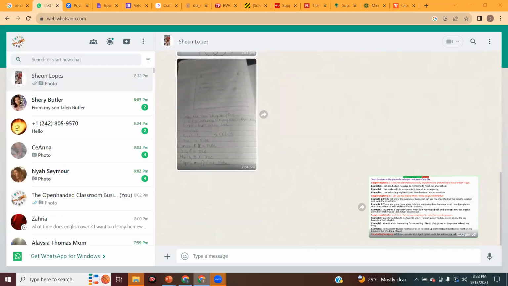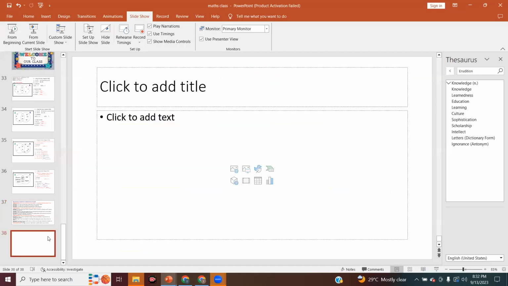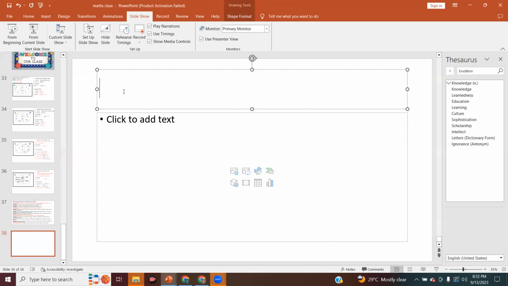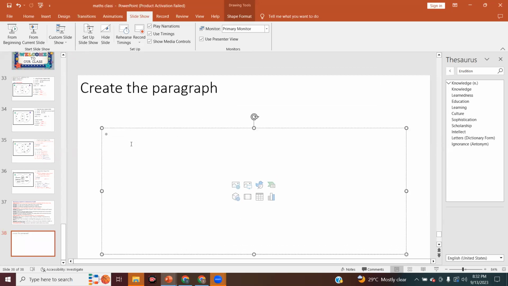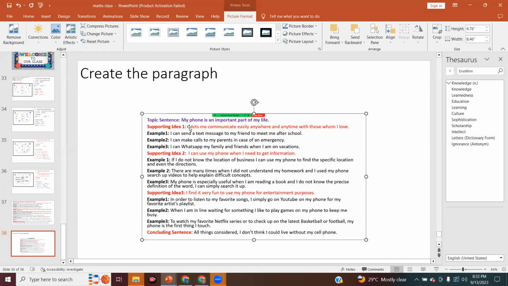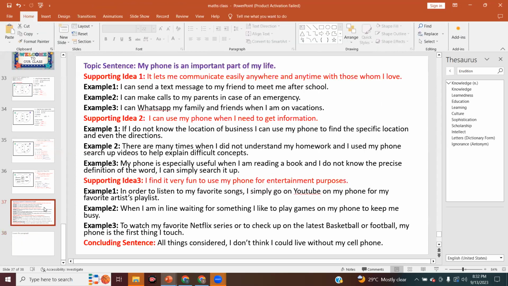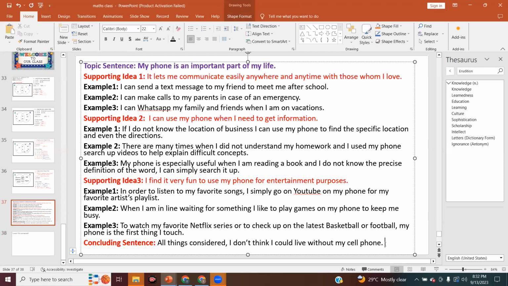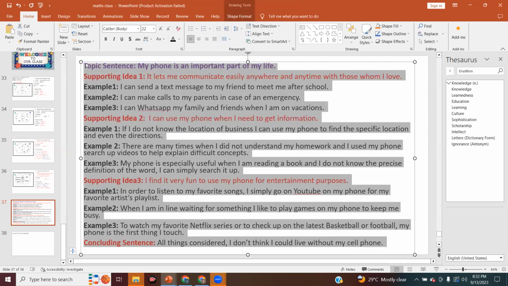Okay, so watch this. What I'm going to do is create the paragraph. You don't have to write this down. Using my outline, I'm going to create the paragraph. Watch how I create the paragraph from my outline. It's going to be a very simple process.